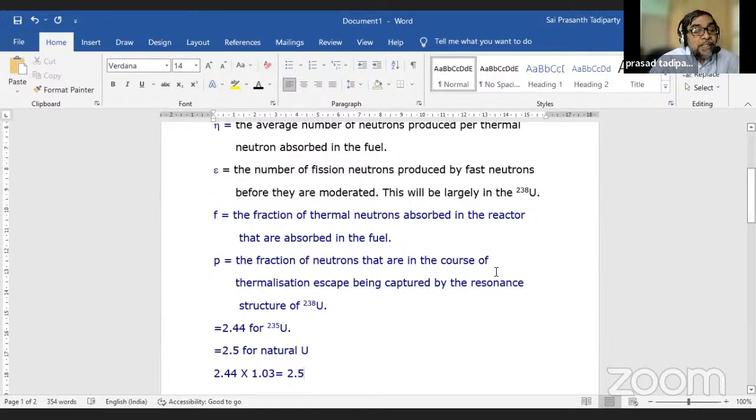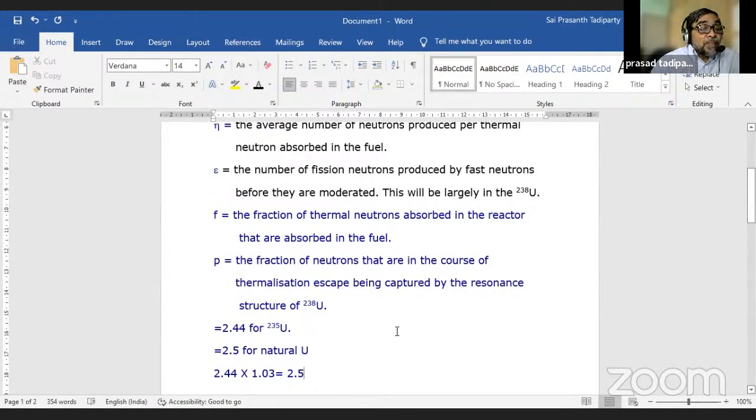Before reaching the moderator, they will hit the uranium U-238, causing fissions in U-238, and additional fast neutrons are generated. So the average number of fission neutrons nu, and again you are getting epsilon, the fast neutron fission factor. At this stage, the total number of fast neutrons increased from nu to nu into epsilon, where epsilon is the fast fission factor, as you already know.